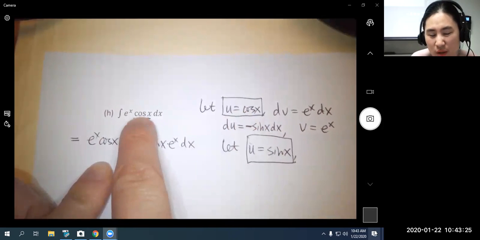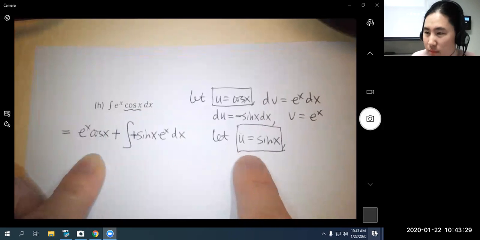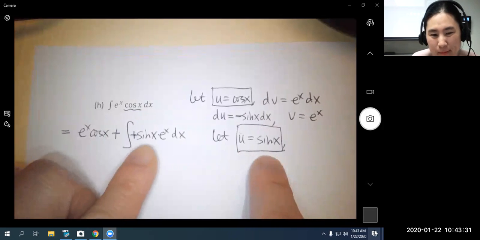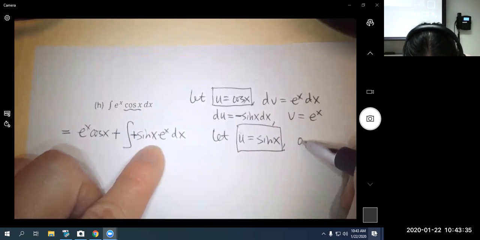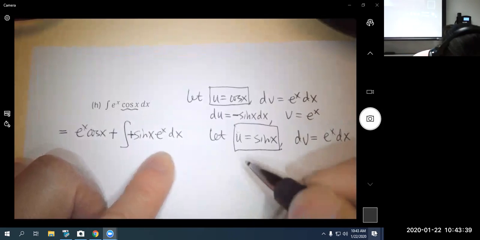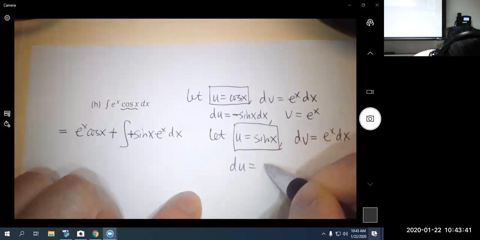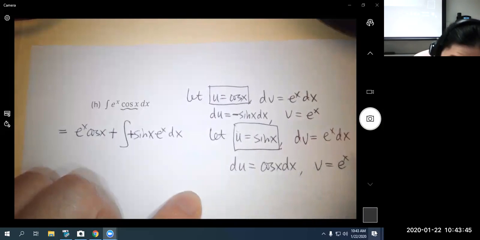Since we chose a trig function to be our u, when we use integration by parts, be consistent with it. So u equals sin of x, and dv equals e to the x dx. So let's see what we have. du equals cosine x dx, v equals e to the x.